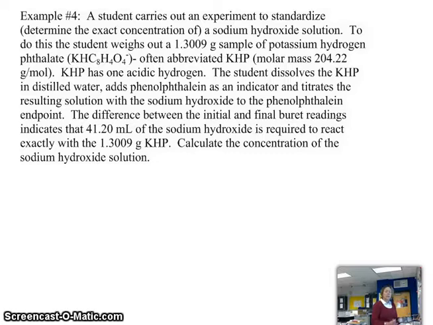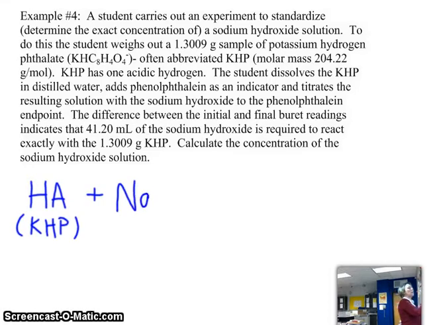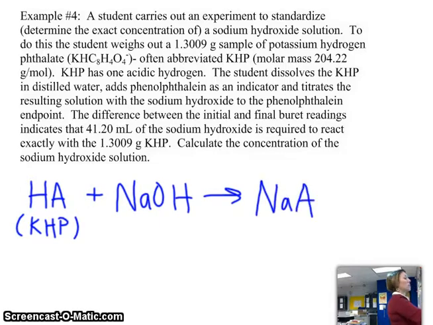So this is exactly what you did in your lab, except they used a lot more because we did the microscale titration. So we have the KHP, which again, I told you it's this crazy acid. I just like to abbreviate it HA. That's our KHP. We're going to react that with the NaOH. They perform proton transfer or double replacement.